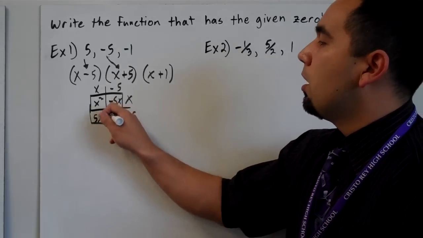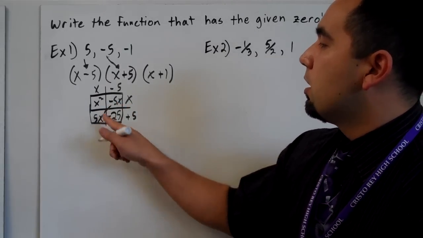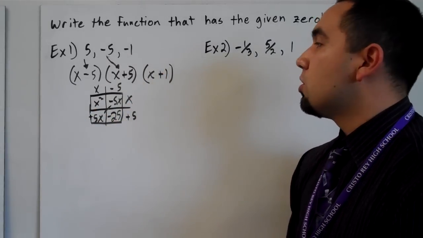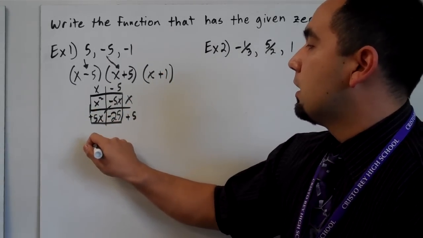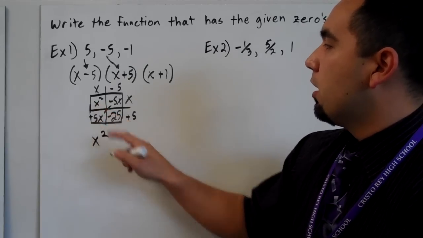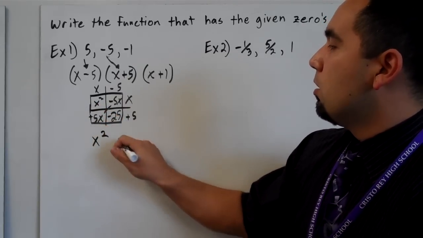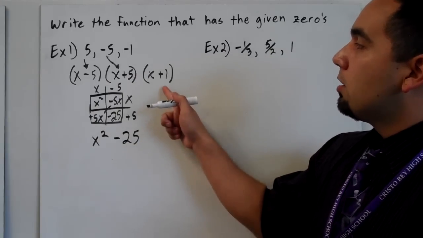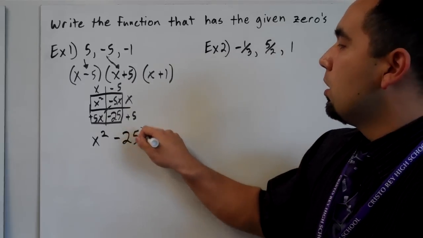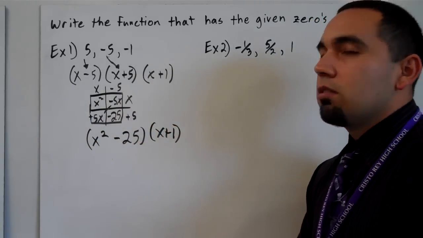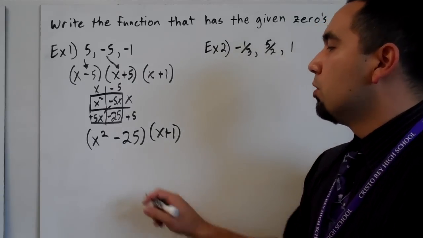Remember with the box, we add the diagonals together, and in this case we have a positive and a negative, so they cancel each other out. So this portion gives x squared plus 0, so I don't write it, minus 25. But I haven't multiplied this in, so really what I have is this times this. Now I have to multiply that out.